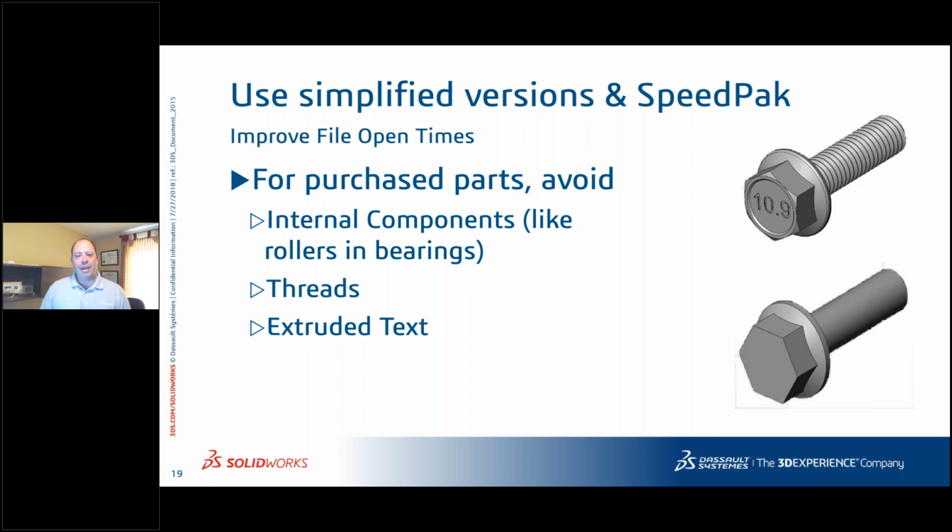Now, it might make sense for a casing to have some markings at the detailed drawing level. But when you use it in an assembly higher up, get rid of that extra detail, threads, and extruded text. Also, vents and fasteners.